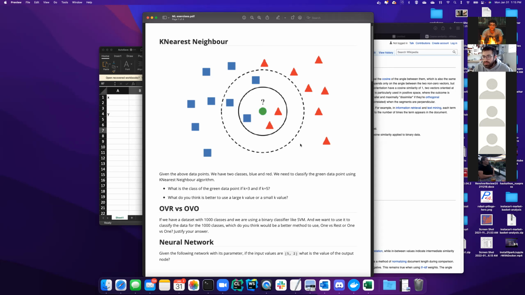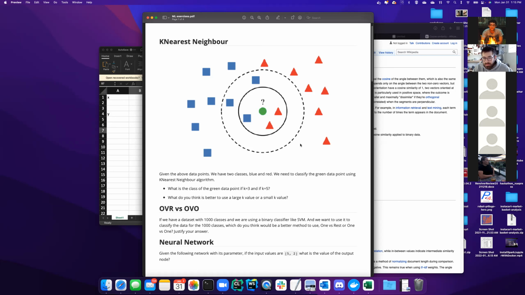Technically it's not more precise, because k equal 1 is just the first element that's near the point we're comparing to. The main difference between a small and a large k is the number of elements that come into account when we're comparing. If those elements pull the same way, then using a large or a small k doesn't necessarily change anything.